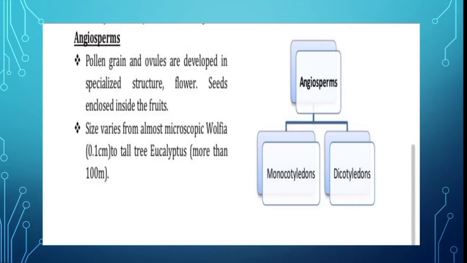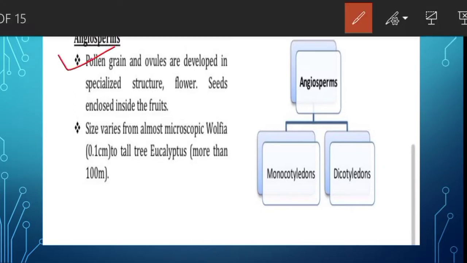Now, the smallest angiosperm is the water plant called Wolffia, and the tallest is Eucalyptus regnans. Pollen grains and ovules are produced in the specialized structure which is called flower, and seeds are enclosed inside the fruits. This also I have explained just now.